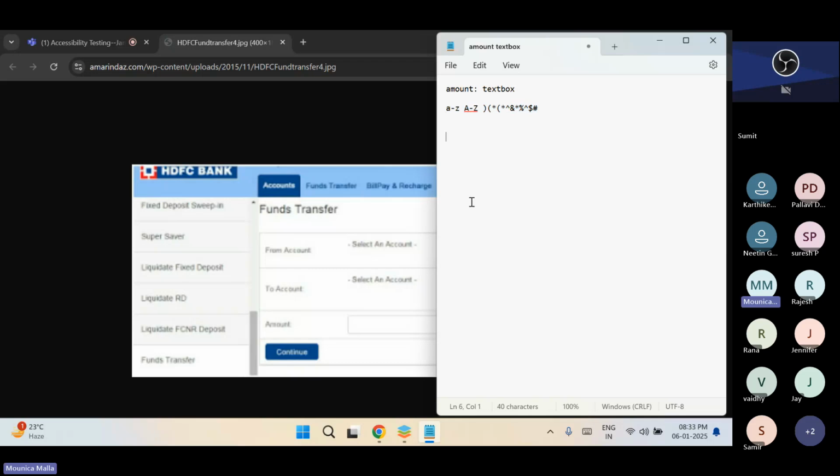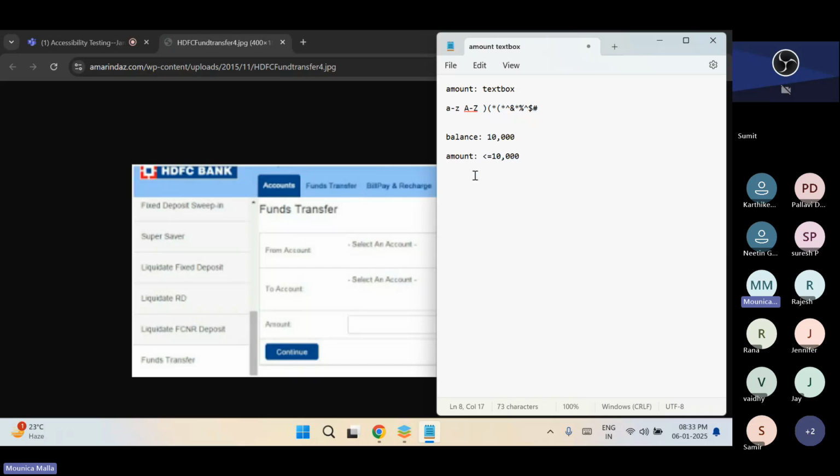Another thing is, let's say the balance in my account is 10,000 rupees. Now, what amount can I transfer? Less than or equal to 10,000 only, right? I cannot transfer more than that.